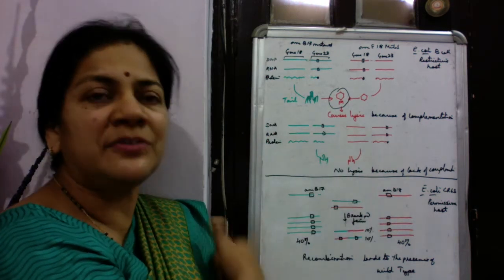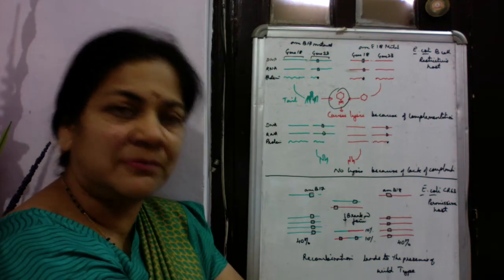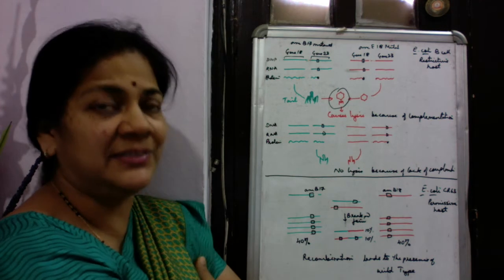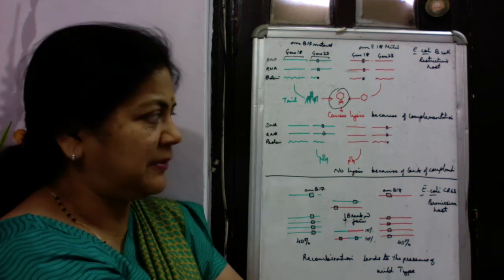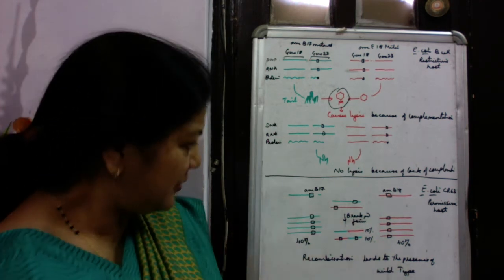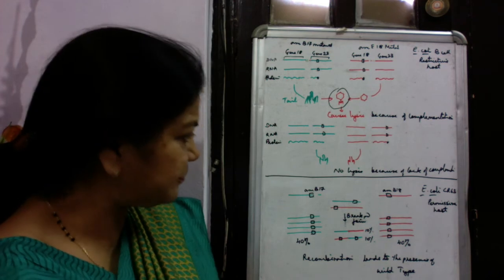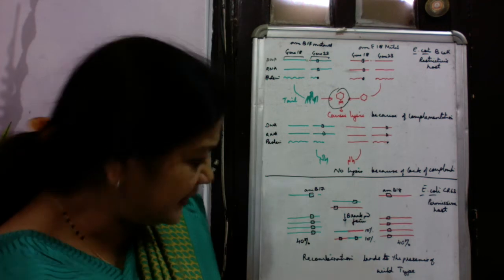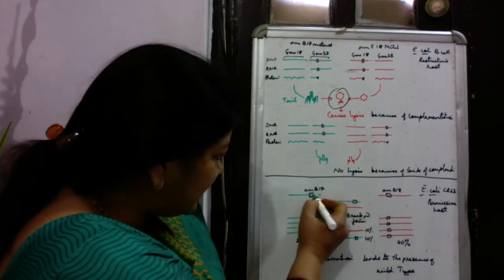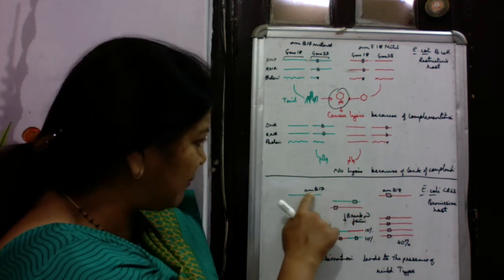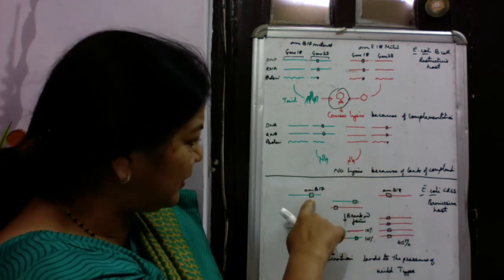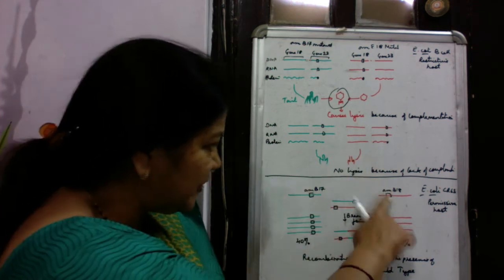It's not that recombination doesn't take place in phages. Recombination takes place in phages, and we have an experiment to show this. This experiment again uses the amber mutants. Here you can see a gene which is amber B17 and this is amber B18. There's a mutation over here and a mutation over here.